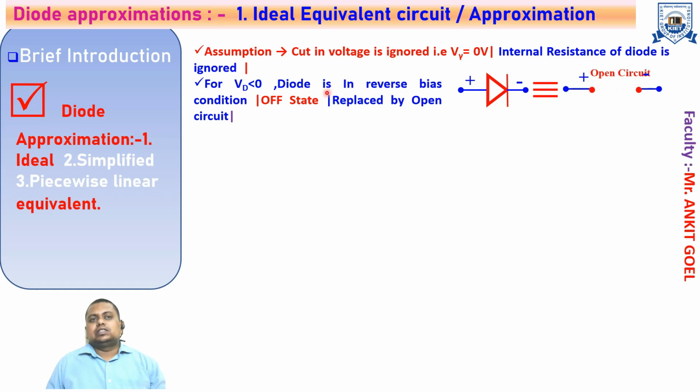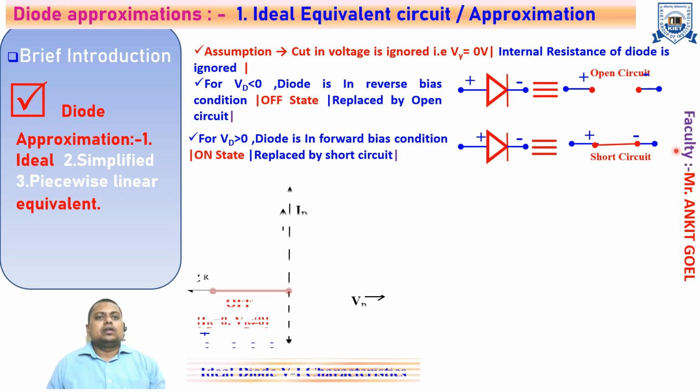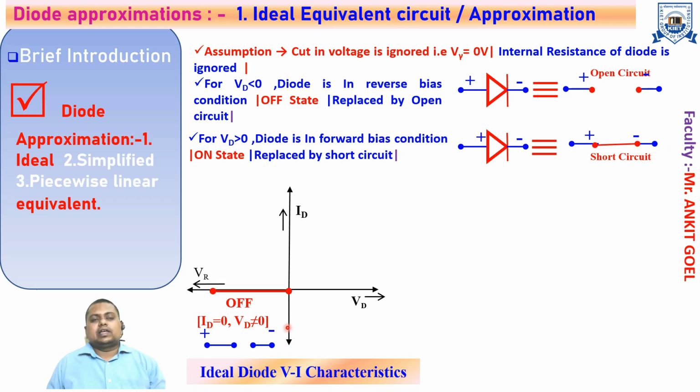In this state the ideal diode will behave as a perfect insulator. But when the voltage across the diode is positive, it will be operating in the forward bias condition, so it will be replaced by a short circuit and it will behave as a perfect conductor. So let's understand the ideal VI characteristics.